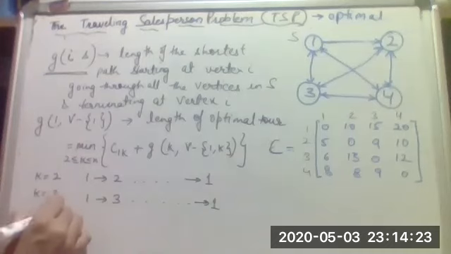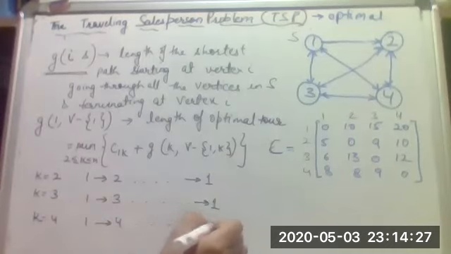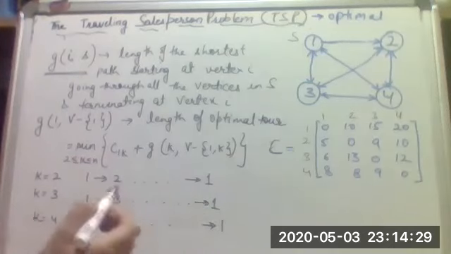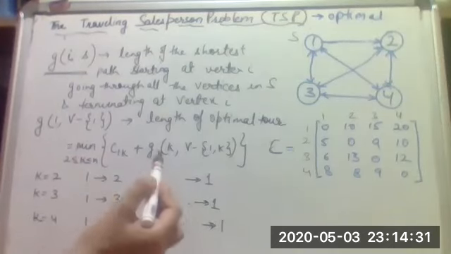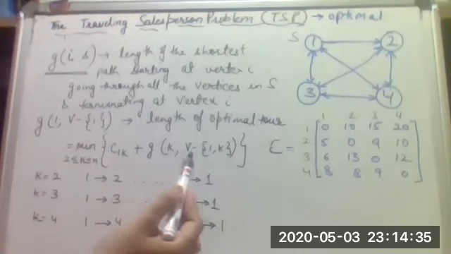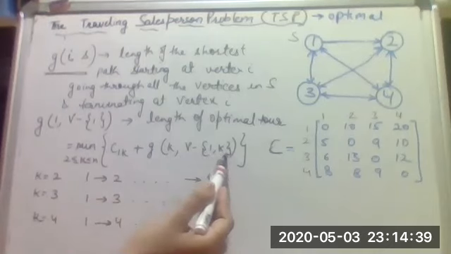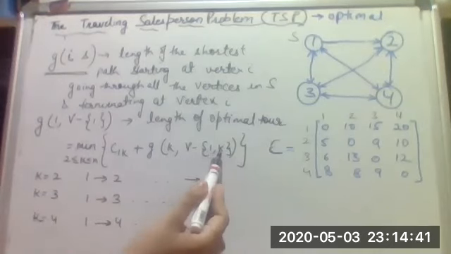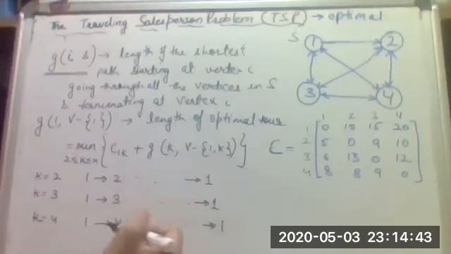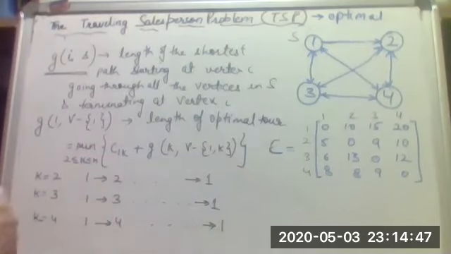If k is equal to 4, 1 to 4 and return back to 1. So the intermediate part is that you start from the kth vertex and you have to traverse the other vertices, leaving 1 and k. That means the other remaining 2 vertices in this case.